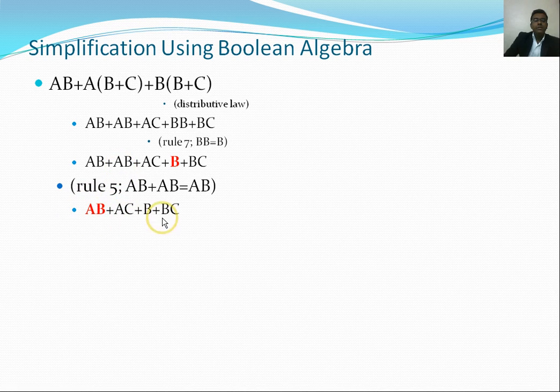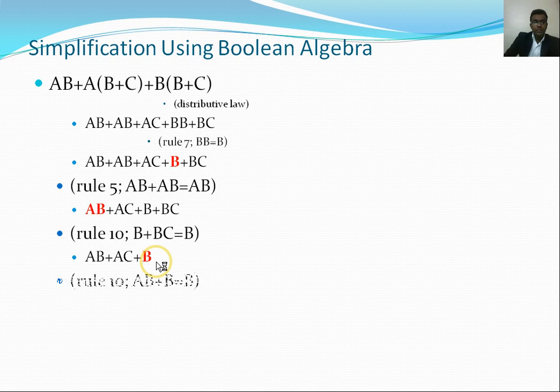Now we get the logic expression simplified like that, but it can be simplified further using rule number 10, that is B plus BC is nothing but B. This is one of the distributive laws. So we get the output as AB plus AC plus B.